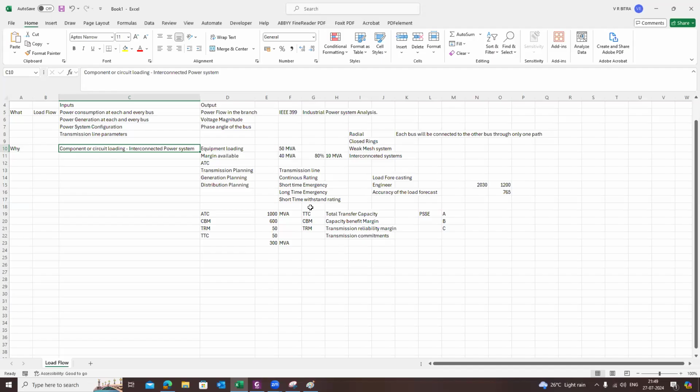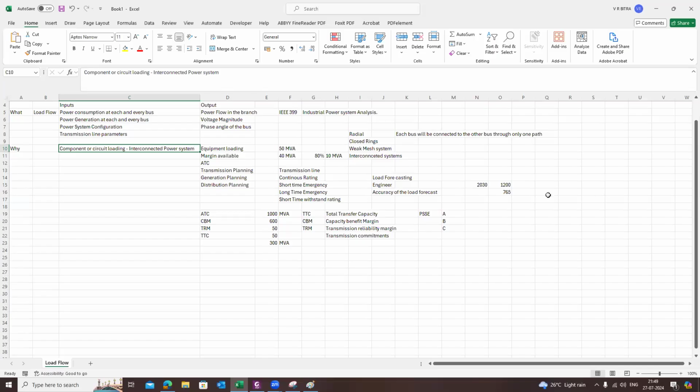In a contingency, you have to compare with the long-term or short-term emergency rating, or even continuous ratings, depending upon the contingency. We have also talked about the available transfer capacity, and from that perspective, generation, transmission, and distribution planning. So load flow is basically a technical evaluation to plan generation, transmission, and distribution.